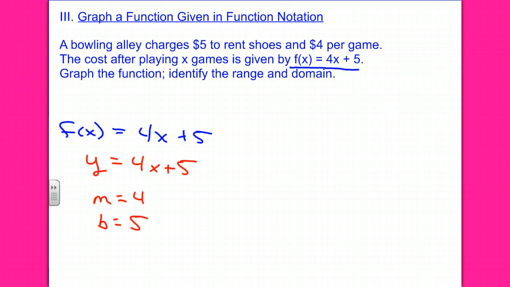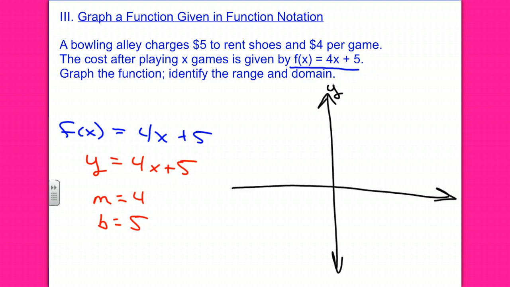Okay, so we want to make a quick graph. Okay, so we have slope, y-intercept form, and Anthony just pulled those two things out. Do we have a point?